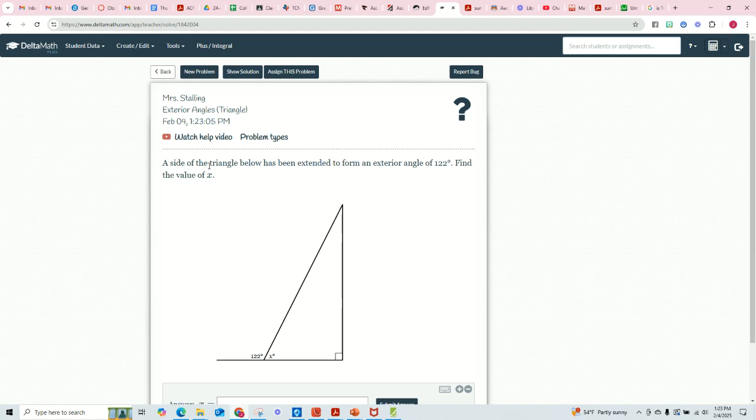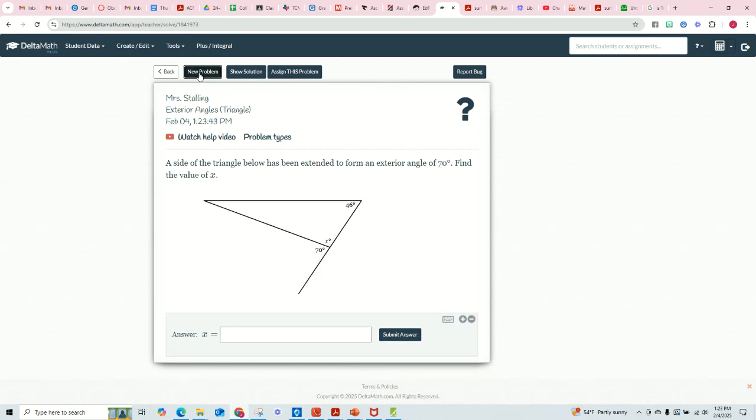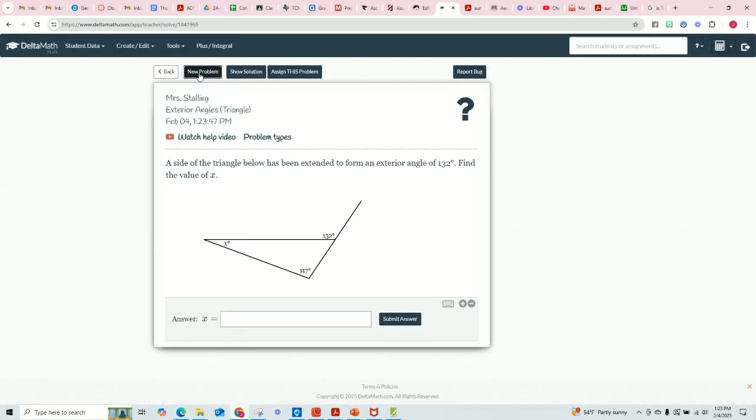There's another rule for these though. And you would have seen this 8th grade year, I think. Sorry, I'm trying to look for a good one. There's a good one. Okay, see where X is? How would I find X on that one? 180 minus... Which one? That one, yeah.